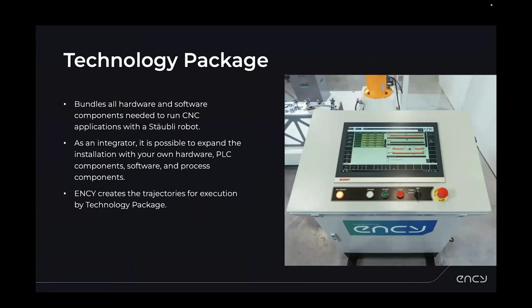We also offer this technology package to integrators who can then expand the installation with their own hardware, software, and/or process. We use ENCY Robot to create these trajectories and then export to G-code that will be executed on the technology package.